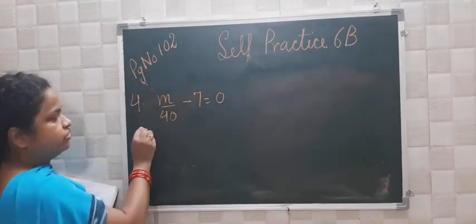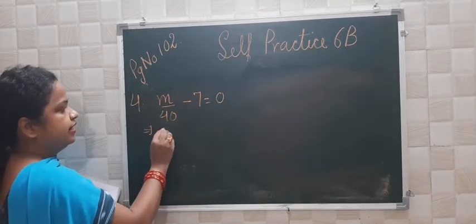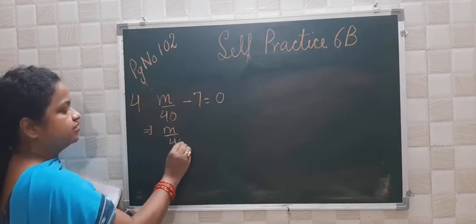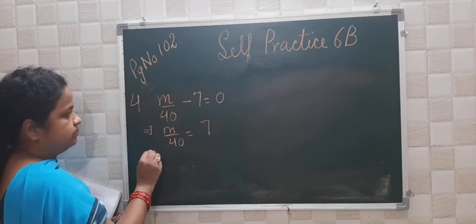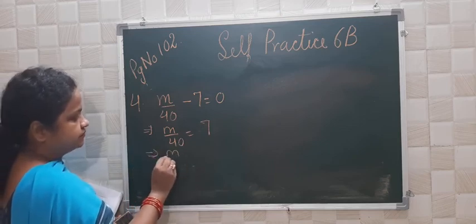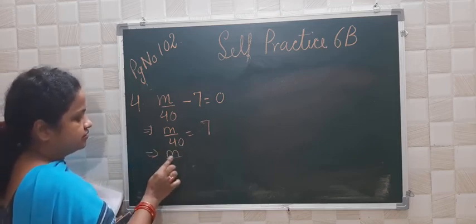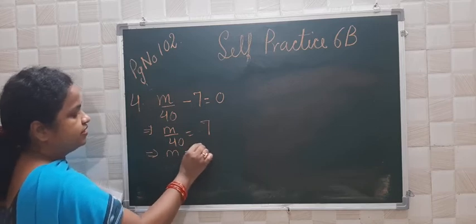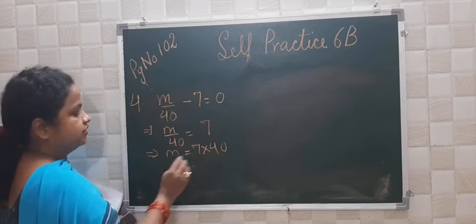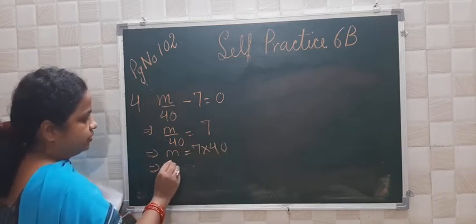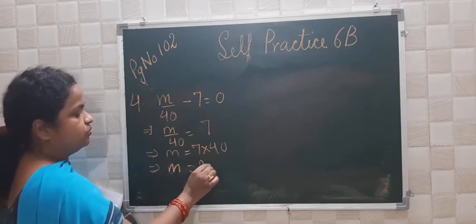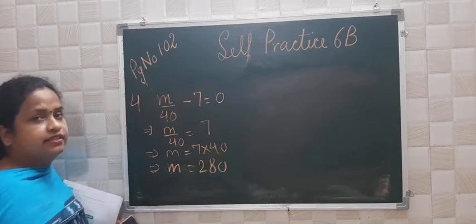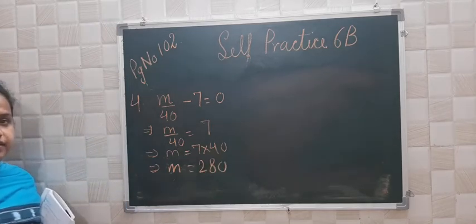Okay. Then what it will become? M by 40, 0 plus 7 will be 7 only. So it implies that M is equal to 7 into 40. 7 4s are 28. M is equal to 280. It will be equal to 280.